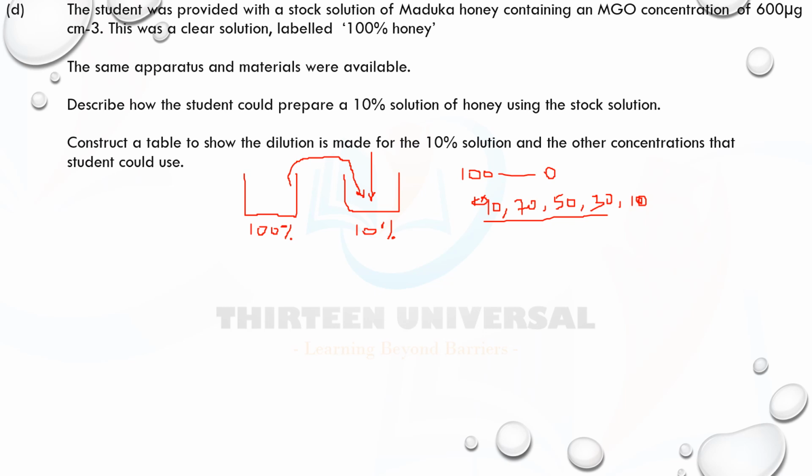All right, so let's assume they say we should construct a table to show how the dilution is made for 10% and other concentrations. Now, we need to get the final volume. Let's assume that for each concentration we should produce a final volume of 20 cm cube.